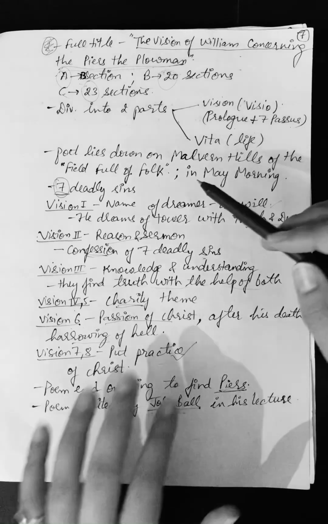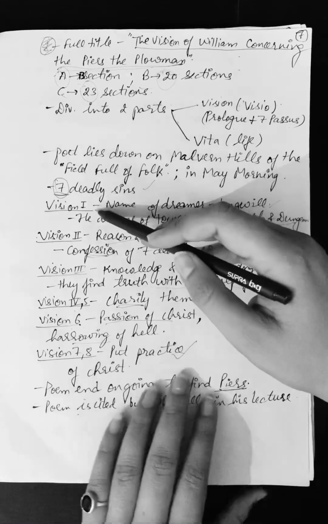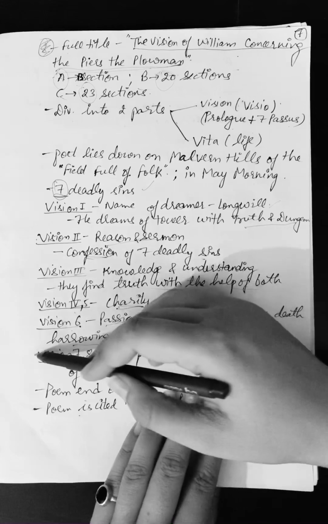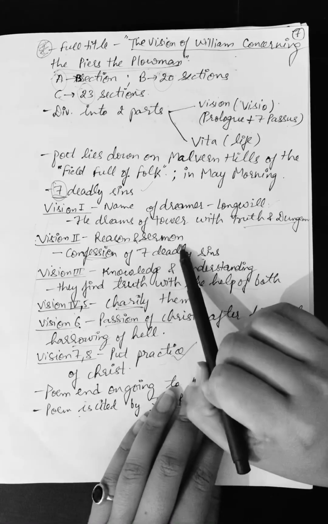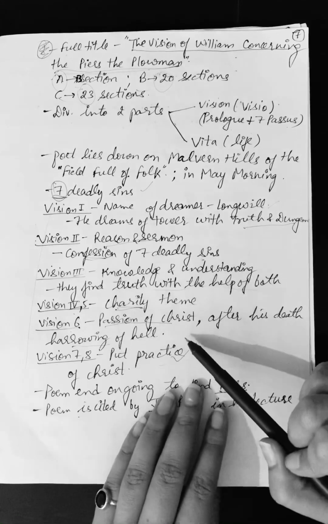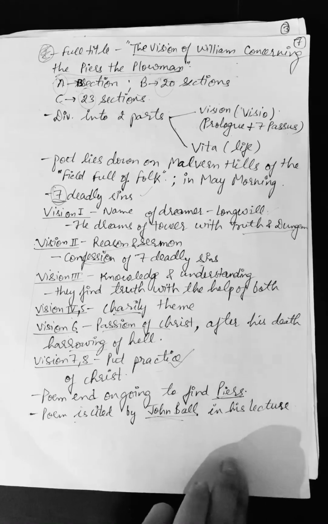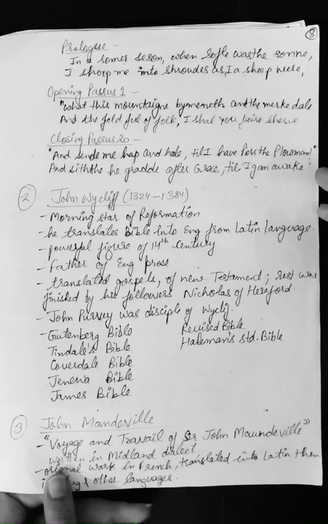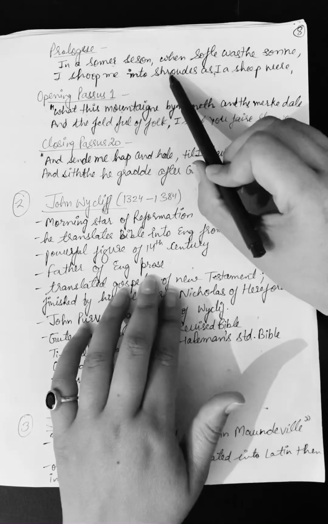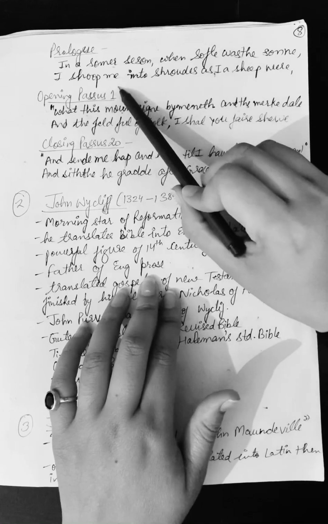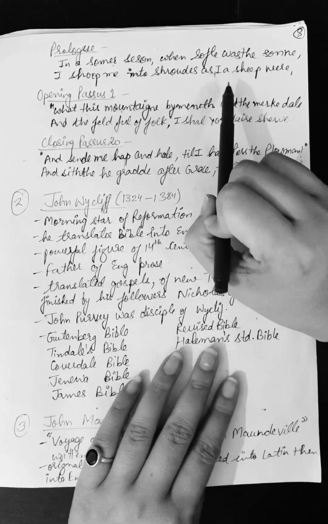Visio and Vita, with the seven deadly sins also there. You have to remember only the titles of the eight visions: Reason and Sermon, Knowledge and Understanding, the charity theme, the passion of Christ, and then the practice. Then there is a prologue also. In the prologue: In a summer season when soft was the sun, I shook me into shrouds as I a shepherd were.